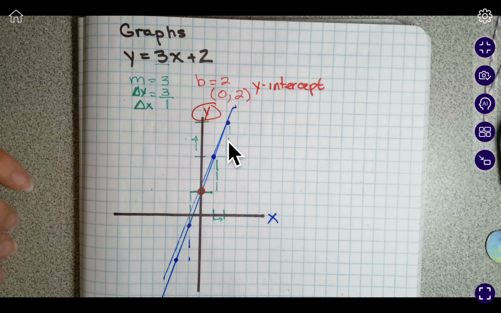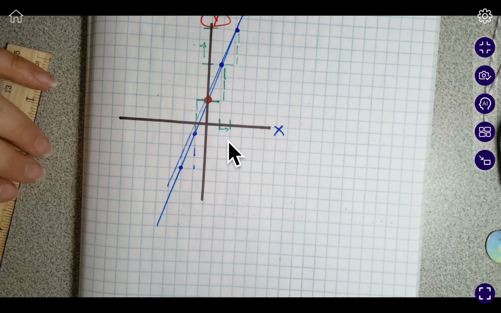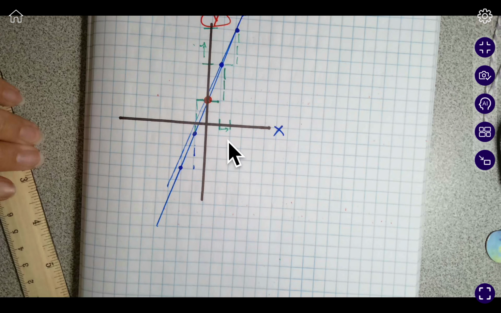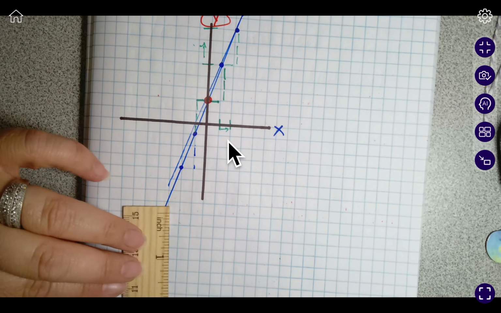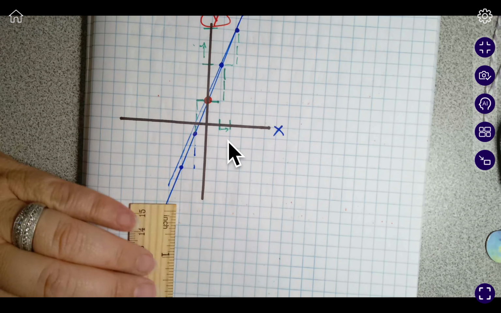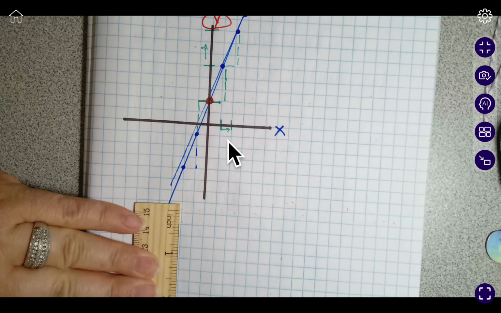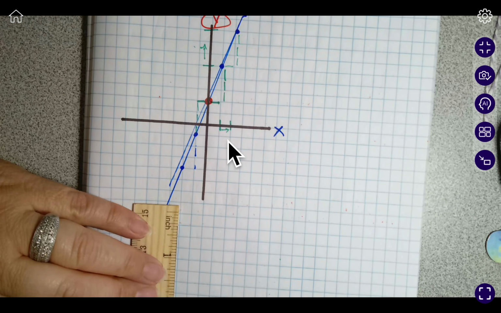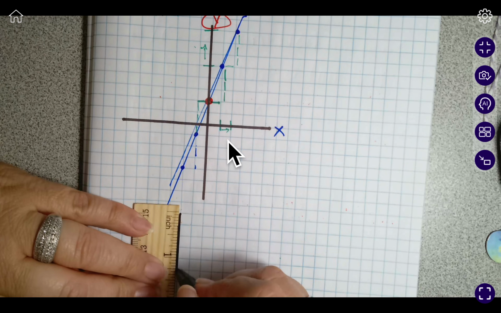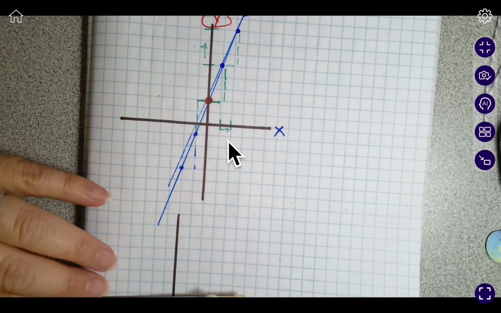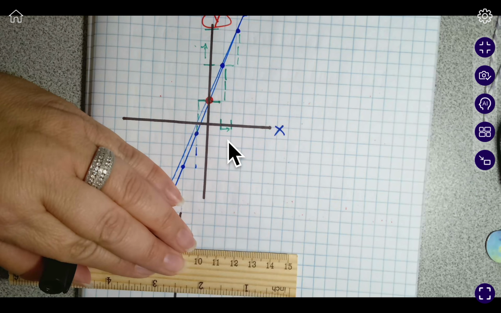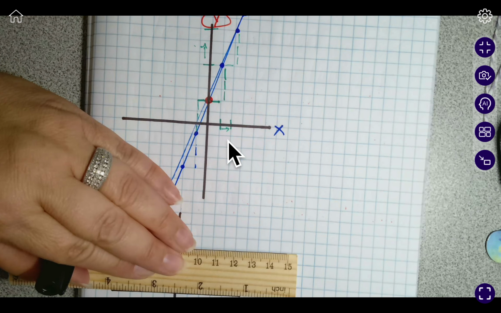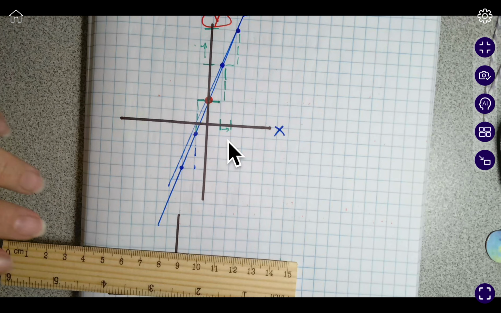But what if you were given a graph already? So let's say you're given this graph here. So here's your coordinate plane.